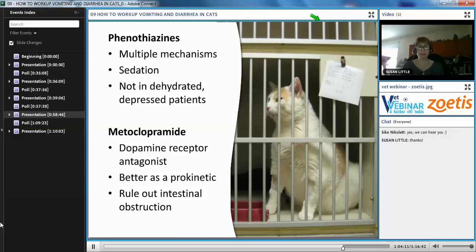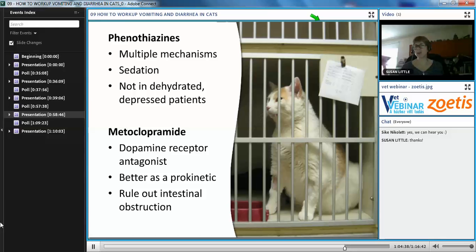One of the older drugs would be ones that fall under the phenothiazine class. These are drugs we don't tend to use as much anymore. An example of that class of drugs would be prochlorperazine. One brand name is Stemetil, for example. And one of the reasons we don't use these drugs as much anymore is they do tend to come with sedation. We should avoid them in patients that are already lethargic or depressed or dehydrated, so they're much more limited.